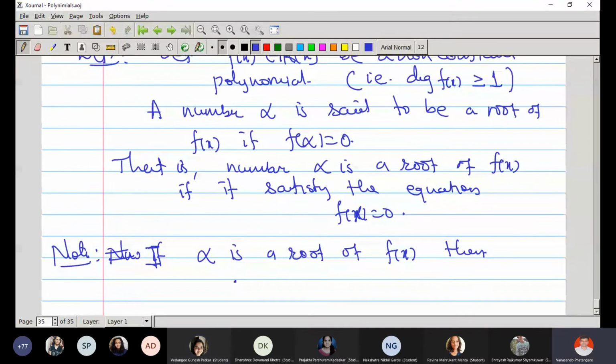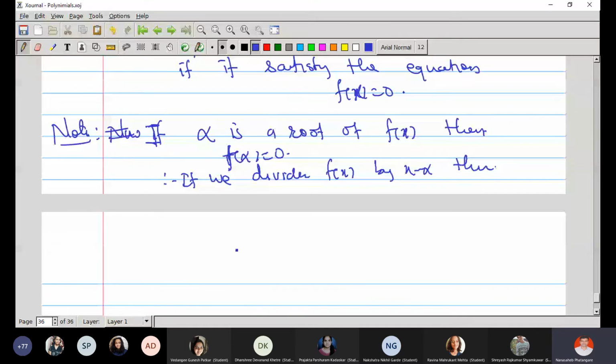So if we divide f of x by x minus alpha, the remainder is f of alpha, and since alpha is a root, it is 0.